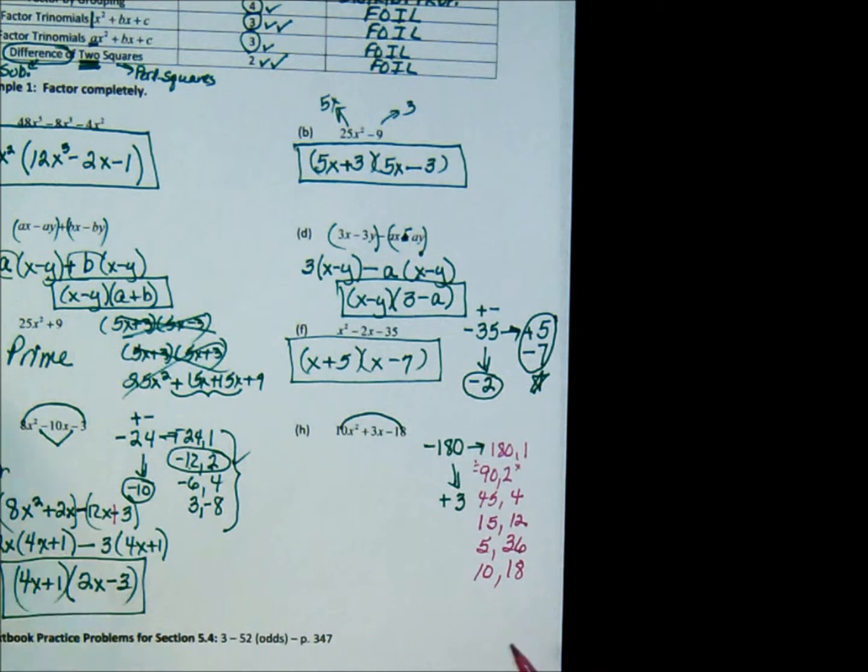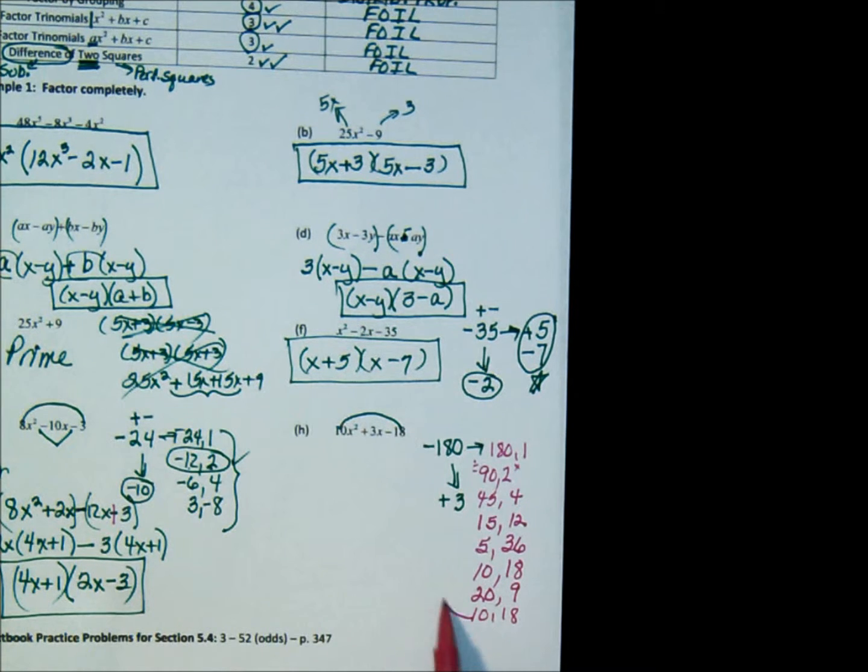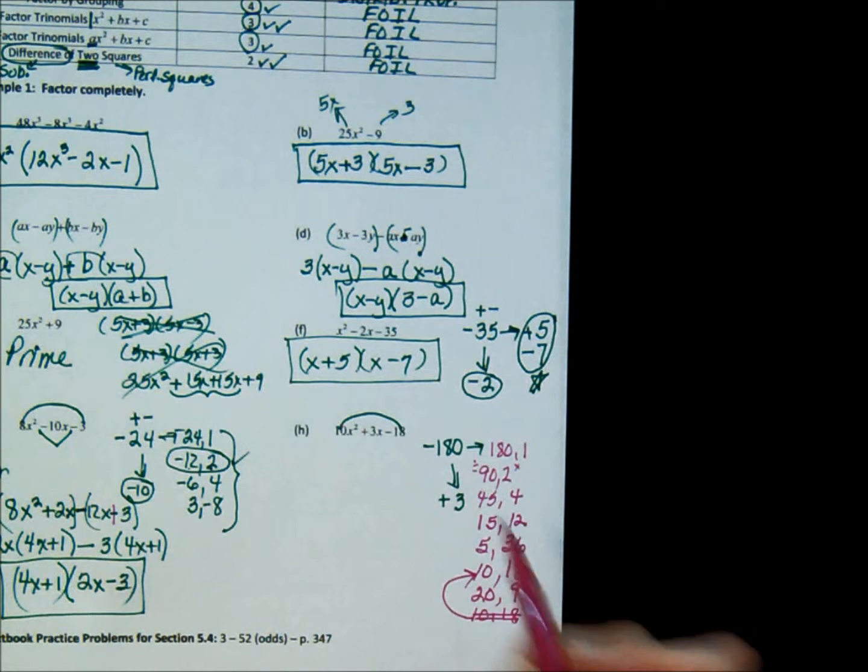I can continue to do that until I have all of the factors. So 18, I'm going to divide by 2, multiply by 2. Now I want to show you something. If I now go to the big number and I divide it by 2, and multiply it by 2, it takes me to one that I already had. So I know that I have them all. I'm finished. Now let's worry about signs.